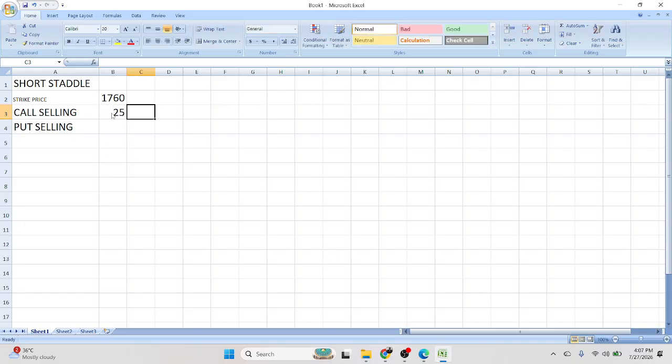And the closing price was 15. In this case, you can see the stock remained in this particular area, and with the help of time decay, or theta value decrease, the premium became 15 from 25. So we can make a 10 point profit in the call selling.